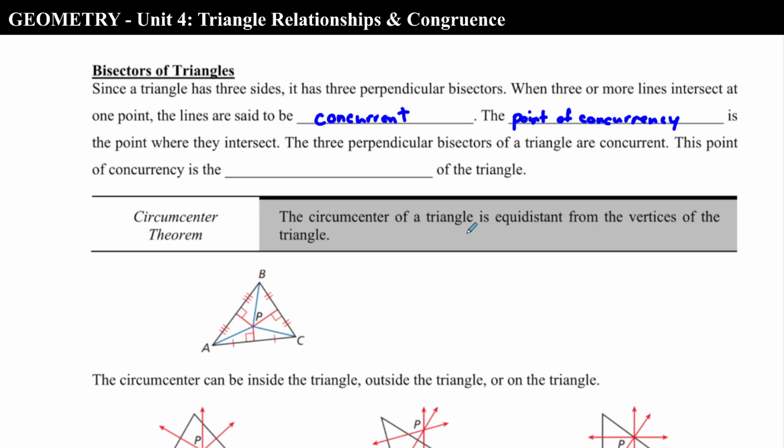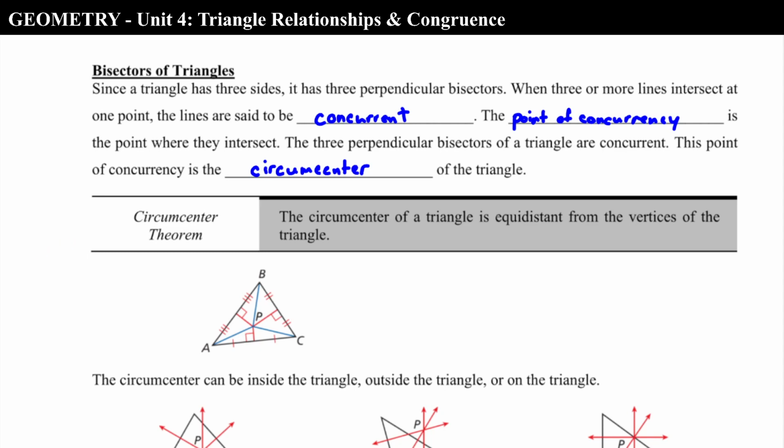The 3 perpendicular bisectors of a triangle are congruent. This point of concurrency is the circumcenter of the triangle. So the circumcenter of a triangle is equidistant from the vertices of a triangle.